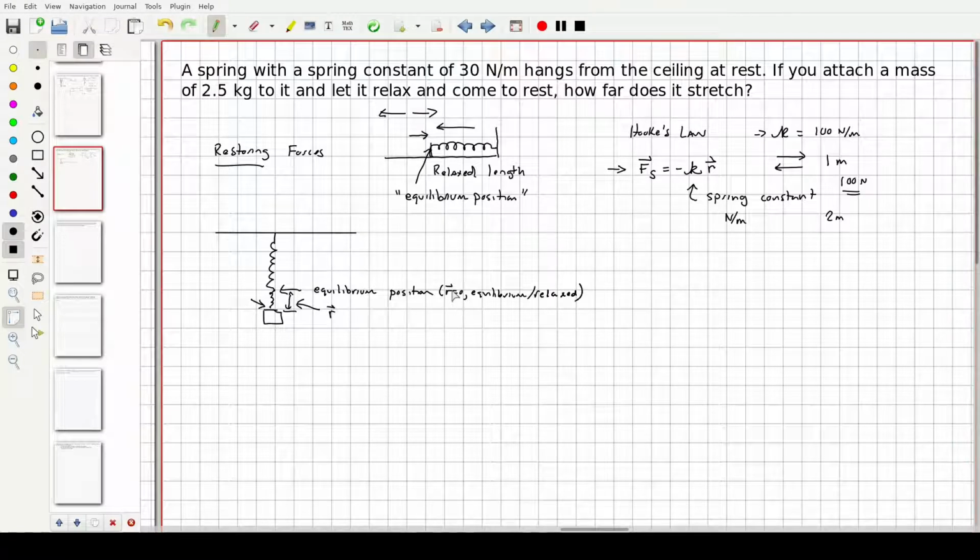Okay? So what we're looking for is how far this spring is going to stretch due to the fact that we have this mass hanging off of it. So let me draw another, better picture here. Here's our spring.